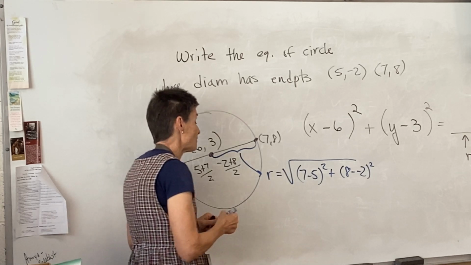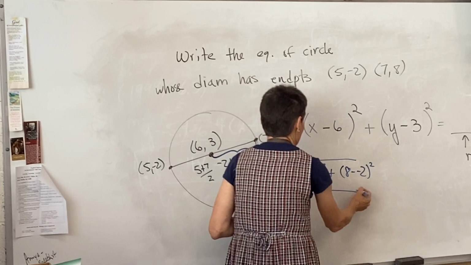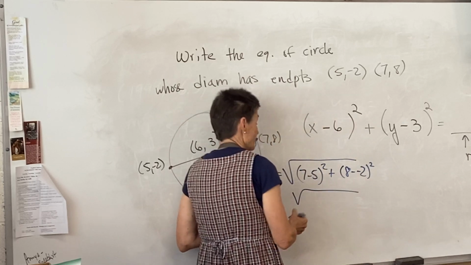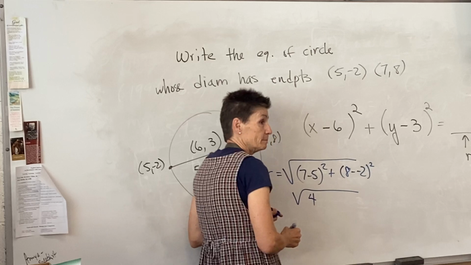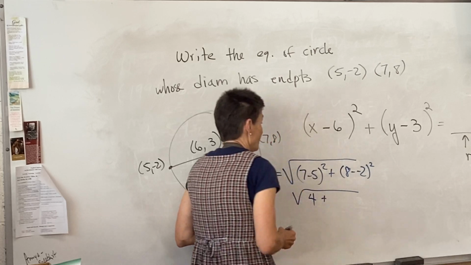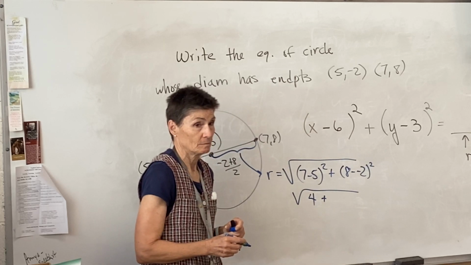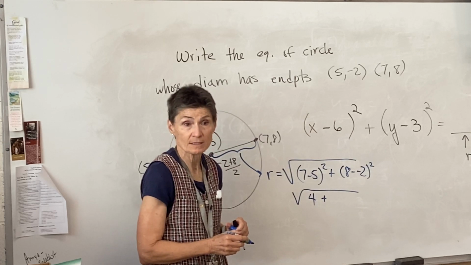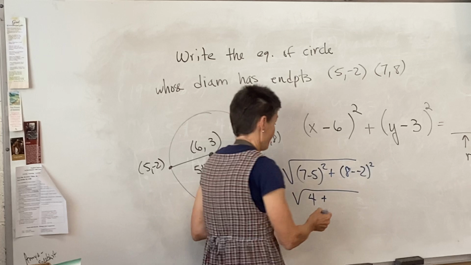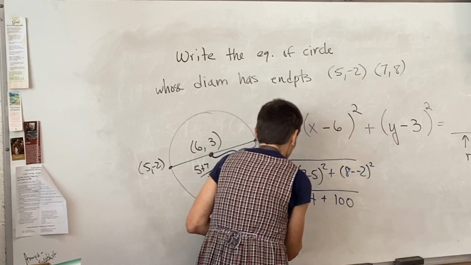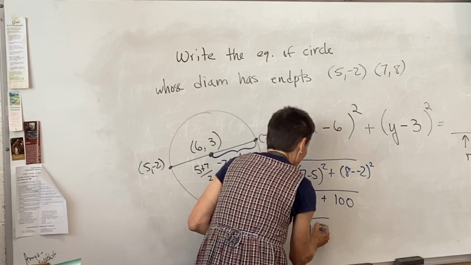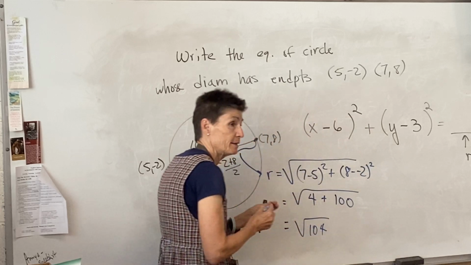So what's 7 minus 5? 2 squared is 4. What's 8 minus -2? 10 squared is 100. So my radius is the square root of 104.